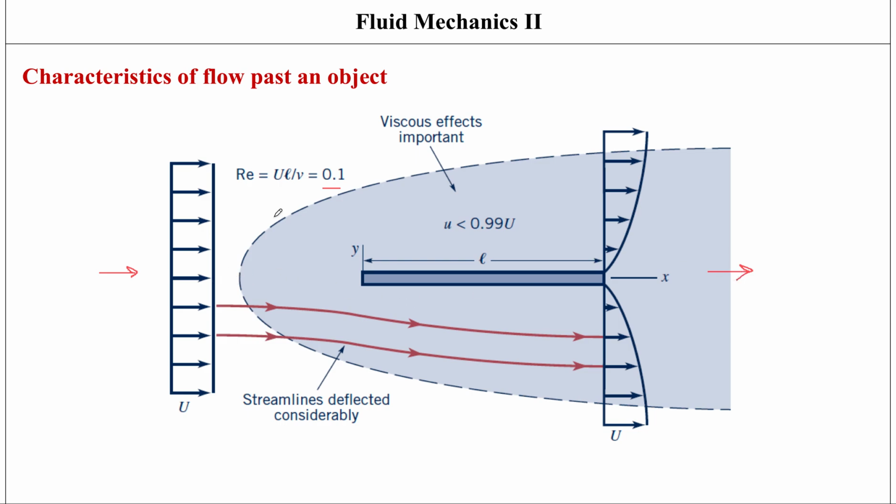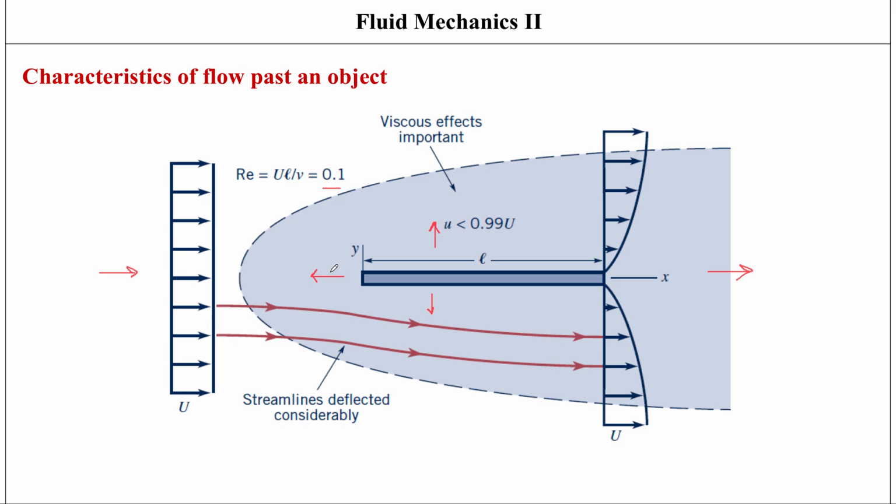So when the Reynolds number is really small, 0.1, the viscous effects are stronger, and this plate affects the uniform upstream flow in such a way that it's not only affecting it in the downstream direction, but also above the plate, below the plate, and behind the plate as well. So this entire area is being affected because the Reynolds number is so small. So then the viscous effects start dominating, right?